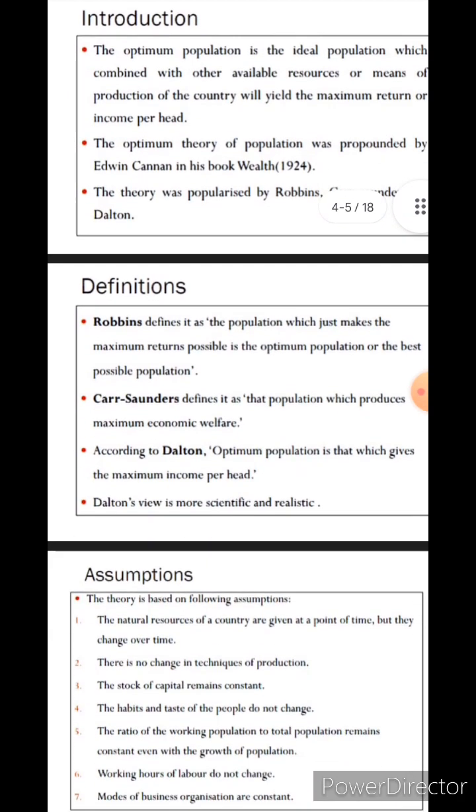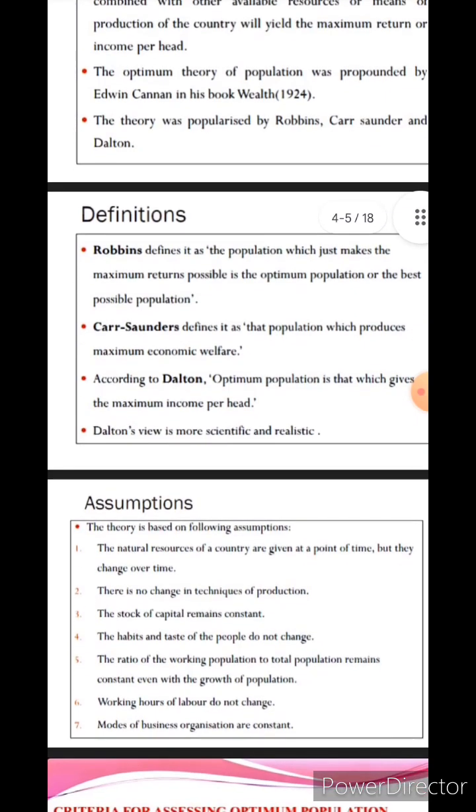Now the assumptions of this theory. The theory is based on the following assumptions. The natural resources of a country are given at a point of time, but they change over time. There is no change in techniques of production.